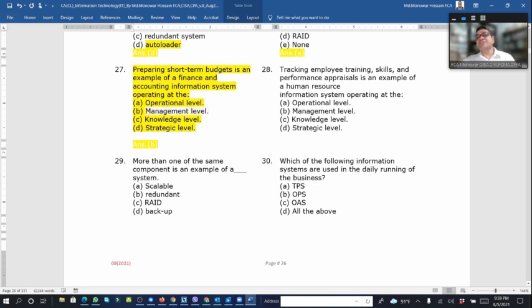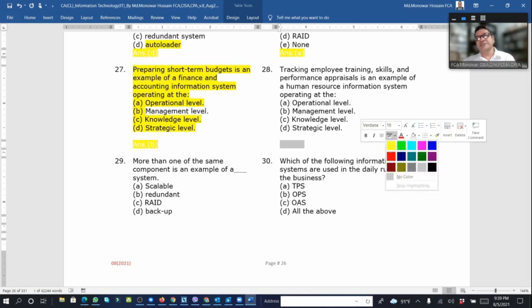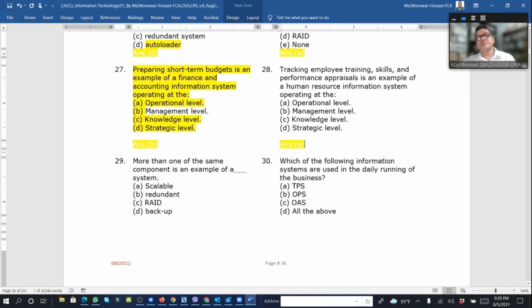Tracking employees' training, skill, and performance appraisal is an example of a human resource information system operating at which level: operational, management, knowledge? This is the same as 27 and 28, but the answer is different. This is the operational level. Previously it was management level, and here it is the operational level.